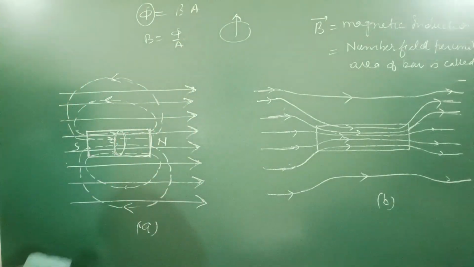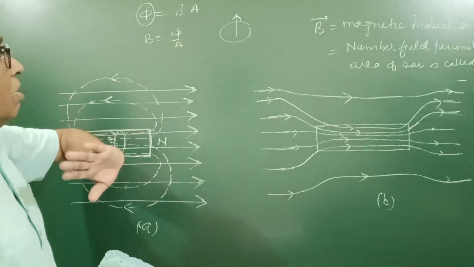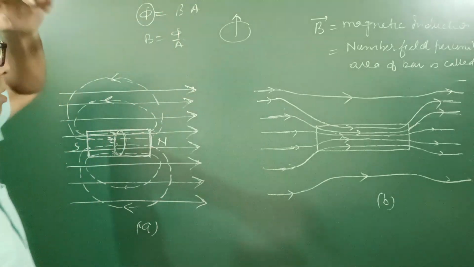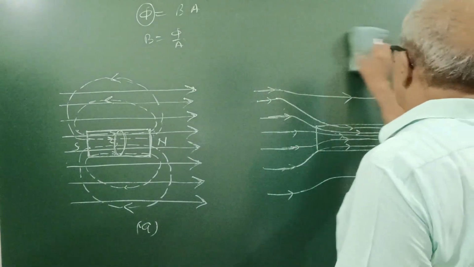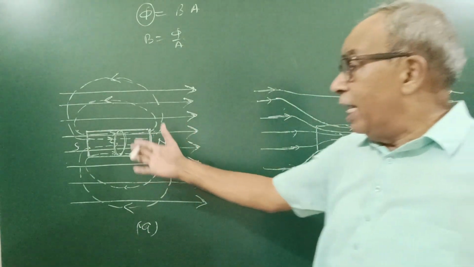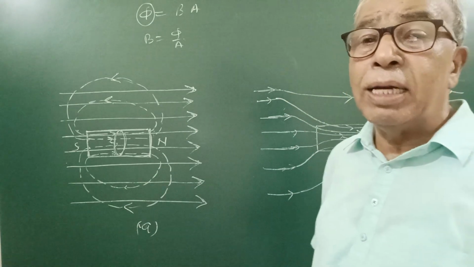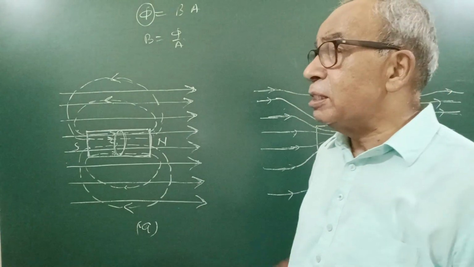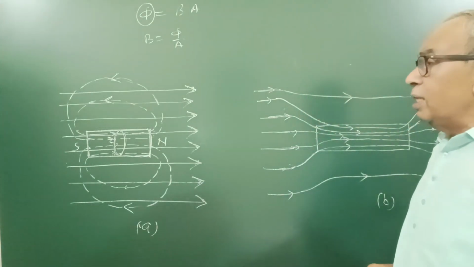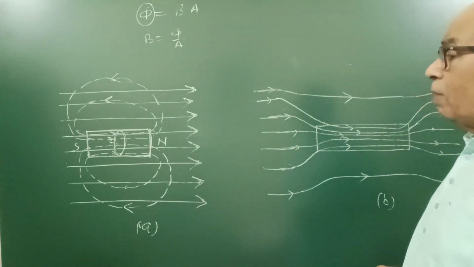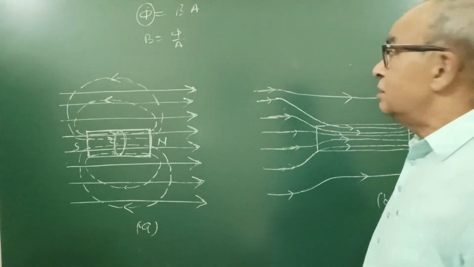So magnetic induction is also called flux density, that is, magnetic flux per unit area. Why has the word induction been used here? The field has increased inside the bar and it becomes itself a bar magnet. Is that clear? So this is called vector B, magnetic induction.